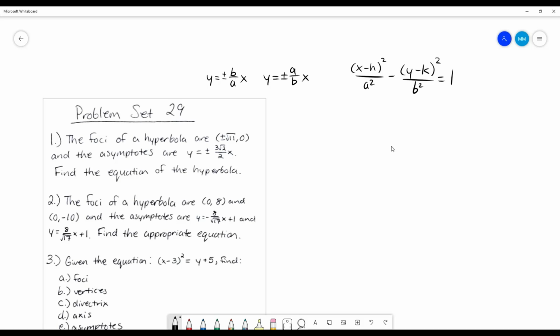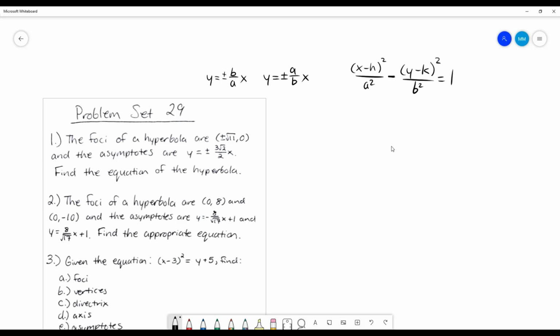The only difference is that this is subtracting. So it does matter which one comes first with a hyperbola, because we are subtracting them. Whichever variable is that of our transverse axis is the one that comes first. Our transverse axis is the x-axis based on those foci, so it's going to be this minus this equals 1.